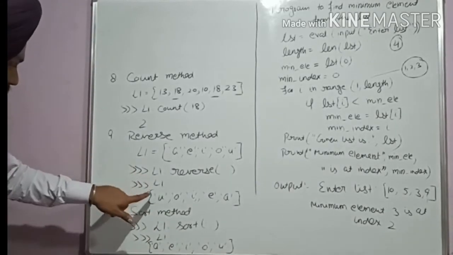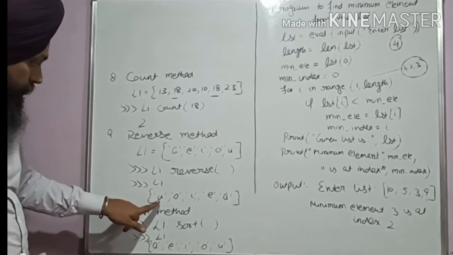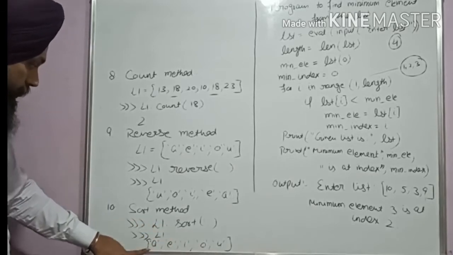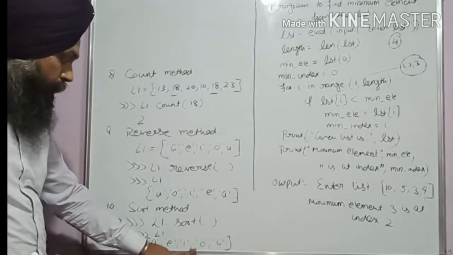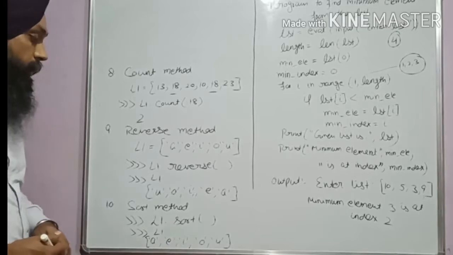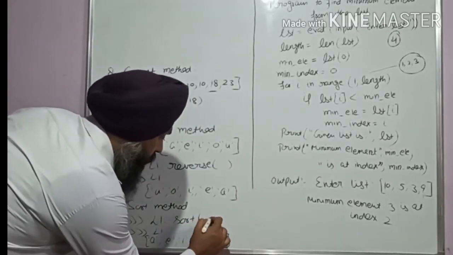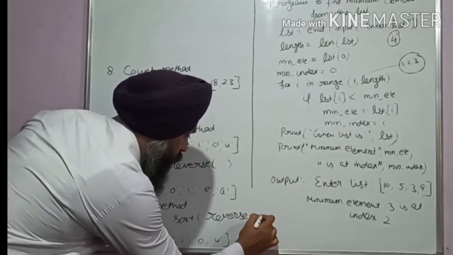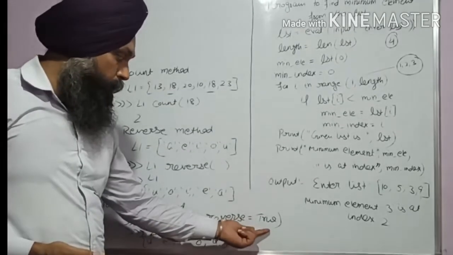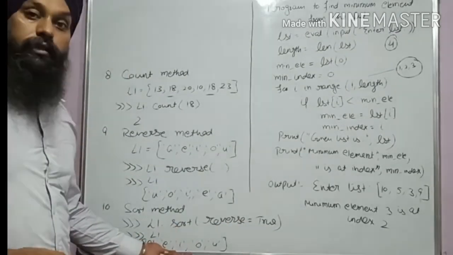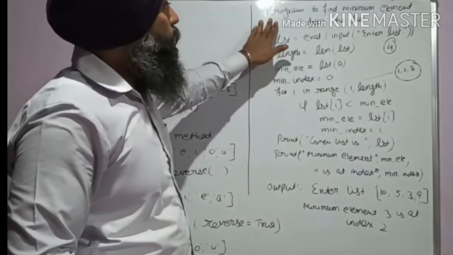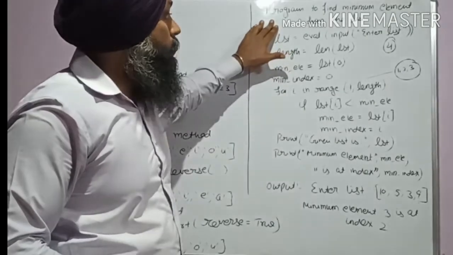In the previous example, we had the elements U, O, I, E and A in the list, and after applying the sort method, we will get the result in ascending order: A, E, I, O, U. However, if we want our result in descending order, then in the parentheses we will write reverse=True, and we will get the result in descending order.